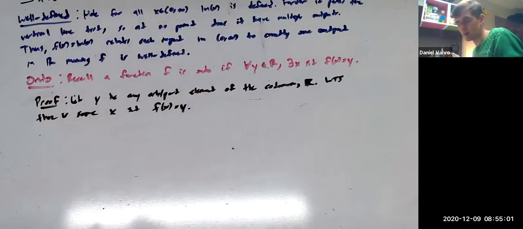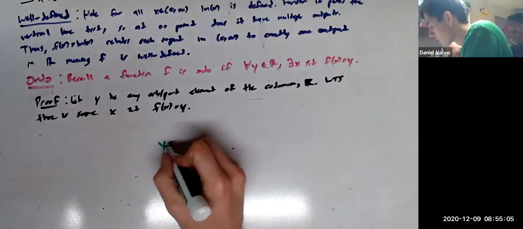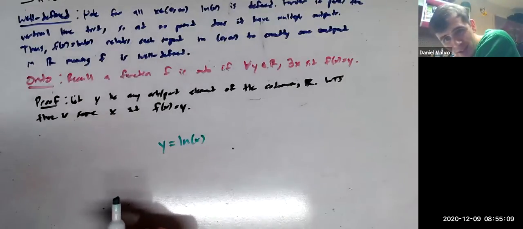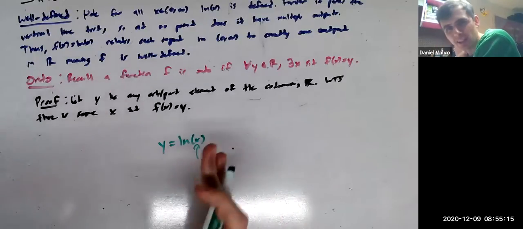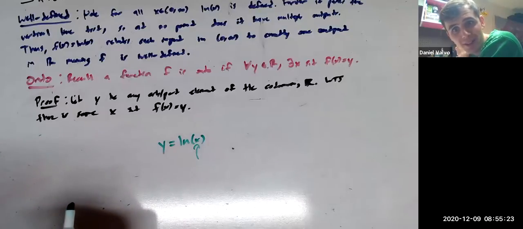Let's look at this right here. f of x equals ln of x. So what we're trying to show is that for any y, there's some x such that y equals ln of x. So what does this x have to be? What does x have to be so that we can plug it in ln and get y? That's the question. Let's just solve for x.